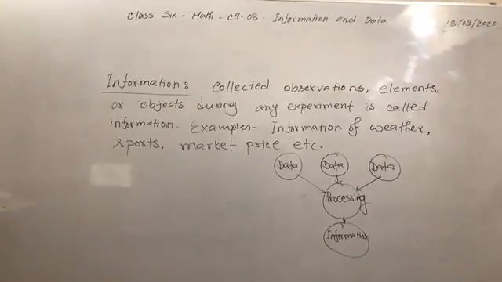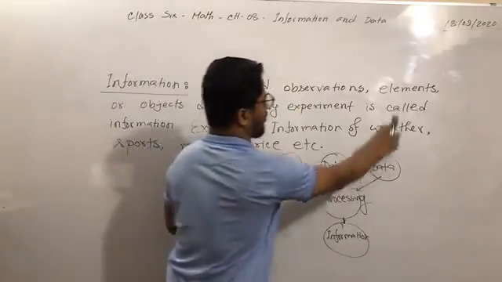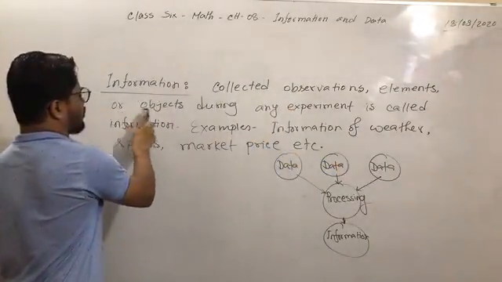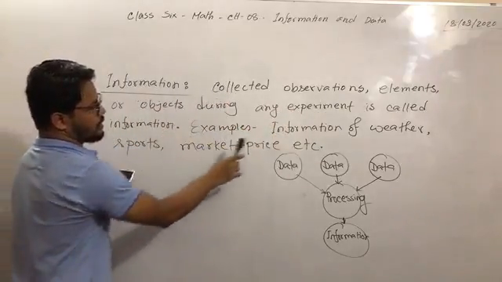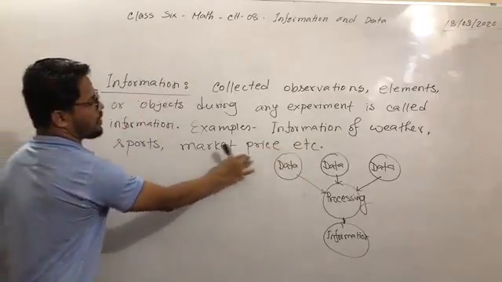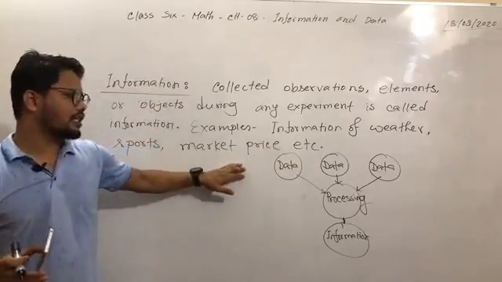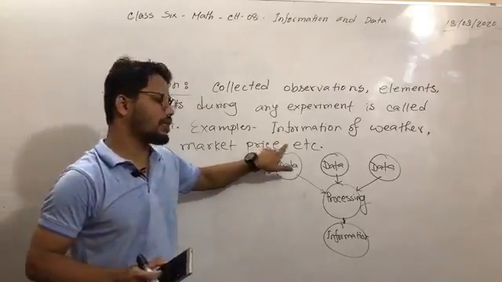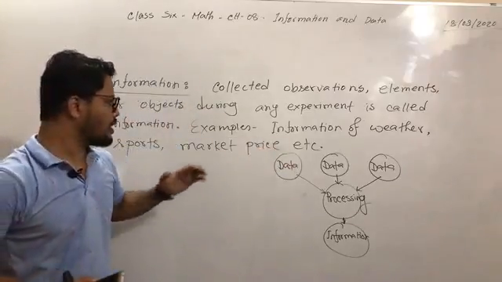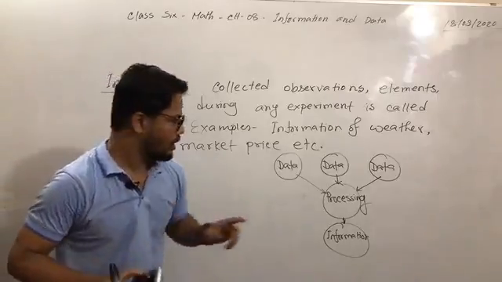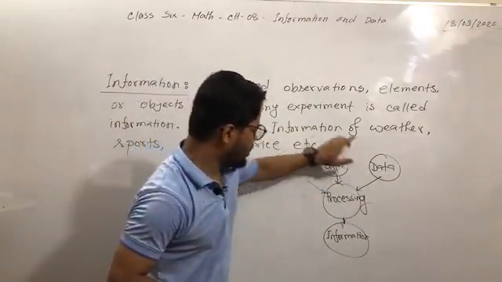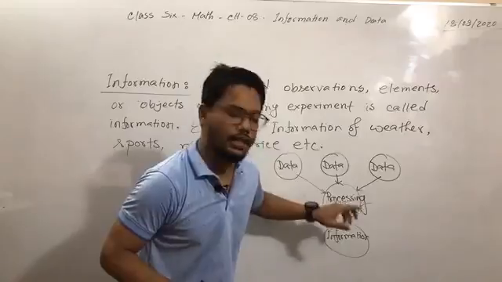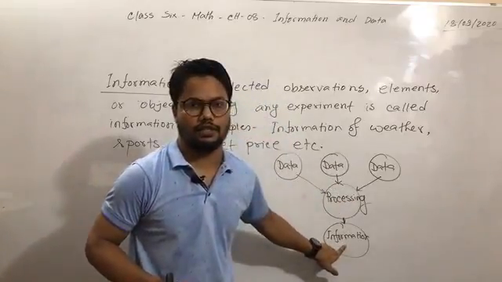So now, if we draw it right here, the collected observations or elements or objects during any experiment is called informations. Example, informations of weather, sports and market price. Market price means just market price of cloth, market price of mobile, market price of electronics items. So different types of data if you collect. First of all, you have to collect different types of data, and then after processing the data, the final result will be informations.